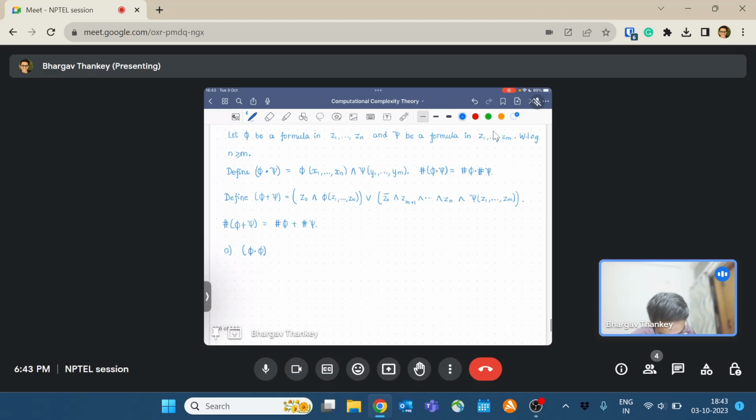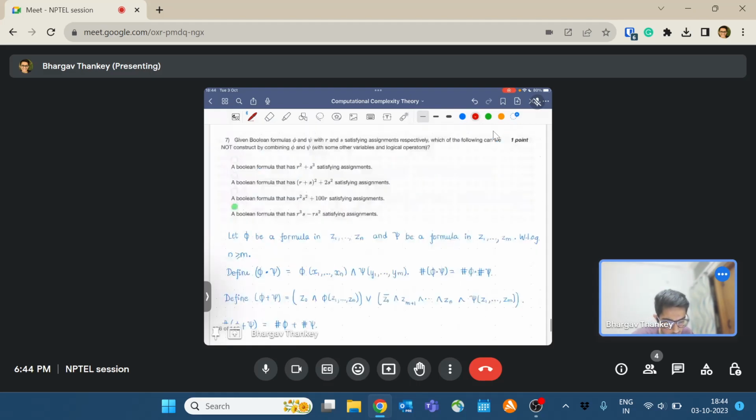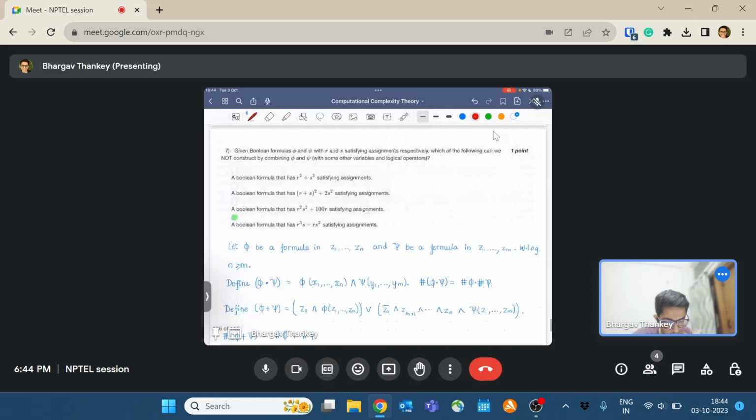This gives us R square, plus psi times psi times psi, which gives us S cube. So we can construct a Boolean formula with R square plus S cube satisfying assignments.